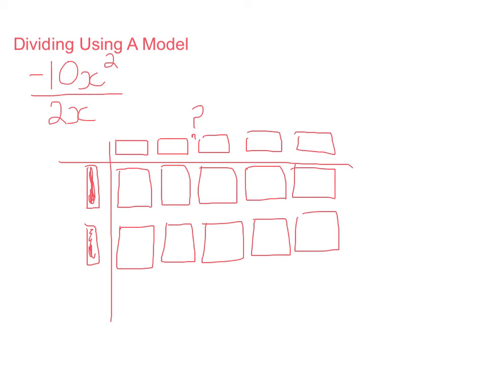Now, these x tiles up here are going to be negative because a negative divided by a positive is going to be a negative. So our answer here is how many tiles we have up here. So we have 1, 2, 3, 4, 5. So our answer will be negative 5x.